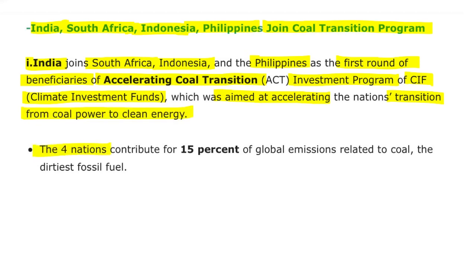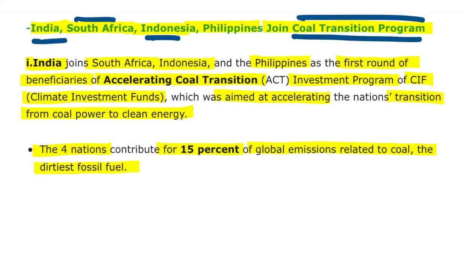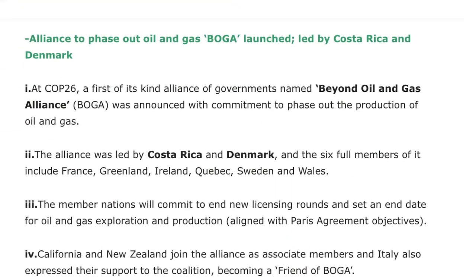The four nations contribute 15% of the global emissions related to coal and the dirtiest fossil fuels. So which are the four countries in the coal transition program? They are India, South Africa, Indonesia and the Philippines. Mark this important.